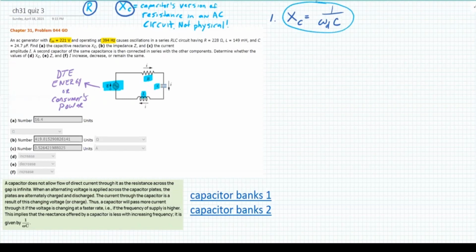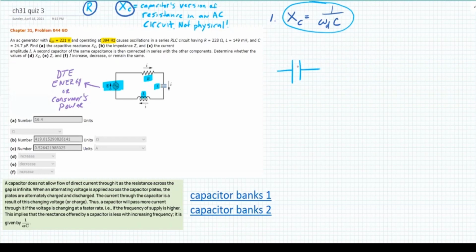Here's an outstanding one paragraph description, and maybe I'll paraphrase it. Brace yourself: a capacitor does not allow flow of direct current through it as the resistance across the gap is infinite. Let's remember what a capacitor is. Charge does not flow through a capacitor.